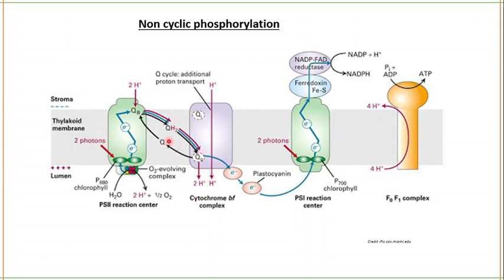Okay, we got to know there will be a Q cycle working here, and then cytochrome f will transfer the electrons to plastocyanin, which is a water-soluble molecule present inside toward the stroma.